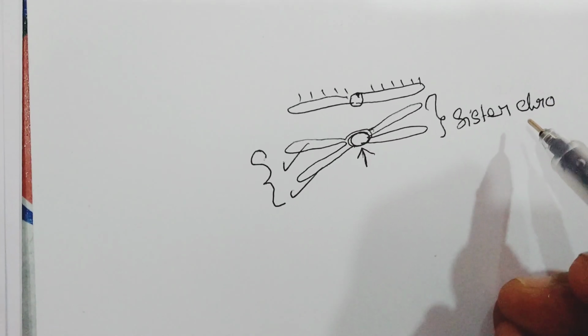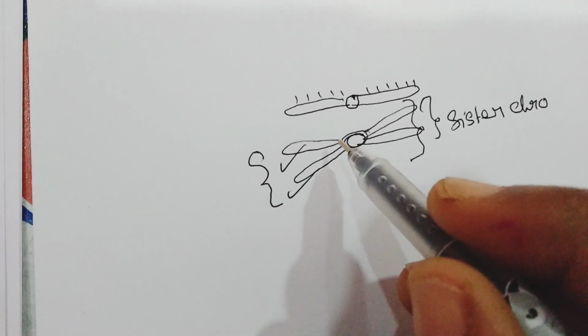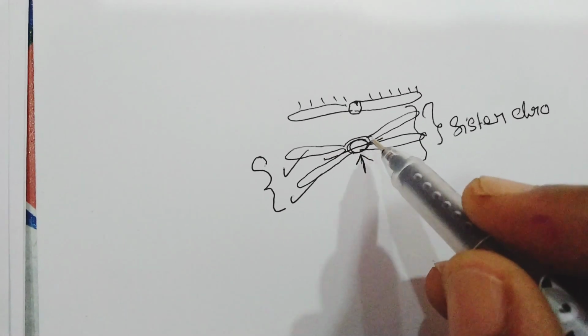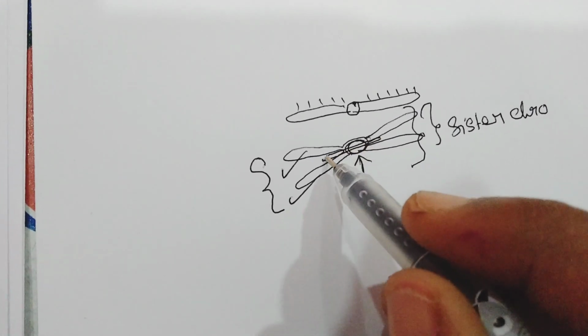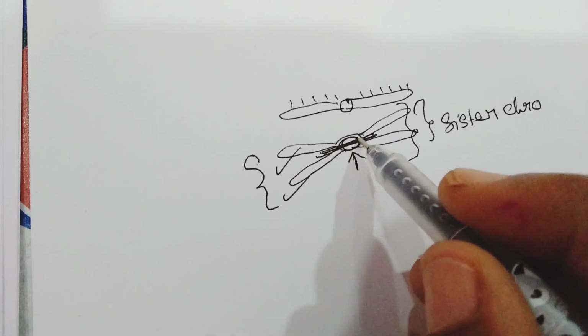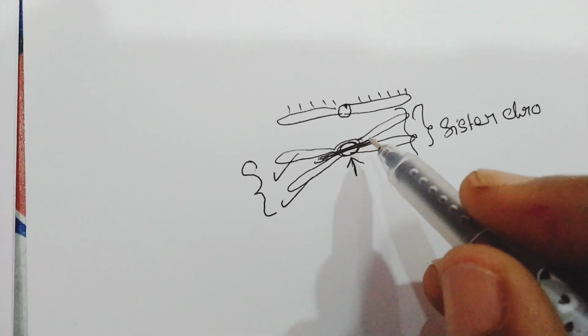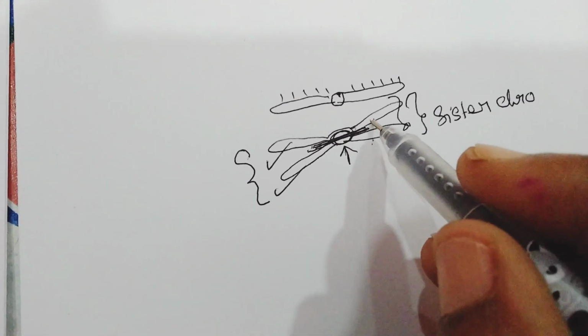During cell division, these two sister chromatids are separated by a division of the centromere. Here the centromere is going to divide into two, and then it separates the two chromatids.